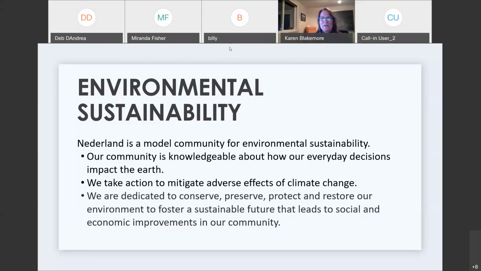Okay, so does anyone object to the bullets? No? I don't object. For a vision statement, I like something that's really compact. And I just took your first sentence, where Netherlands is a model community for environmental sustainability, where we are dedicated to conserve, preserve.